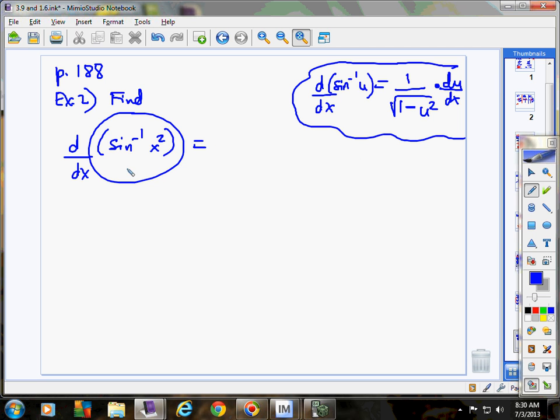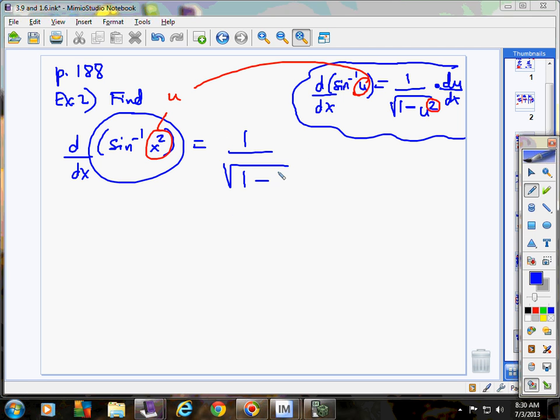All right, so over here for my problem, I've got inverse sine. So I've got to put a 1 because the formula has 1. It doesn't come from anywhere over here. It just comes from knowing my formula. Divided by the square root. My formula has a 1. My formula has a minus. My formula says to square the stuff. This thing right here is u. It's taking the place of that, isn't it? So I got to square that critter.